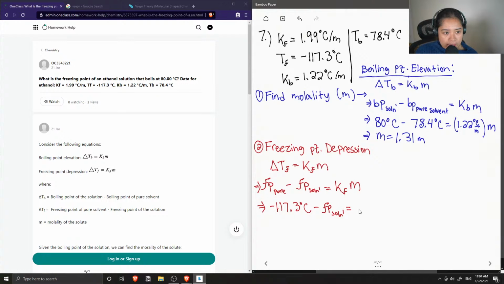We know our Kf value is 1.99 degrees Celsius over M. And we found M in the previous step to be 1.31. So now, if we just solve for the unknown, we get a freezing point of the ethanol solution to be equal to negative 119.91.